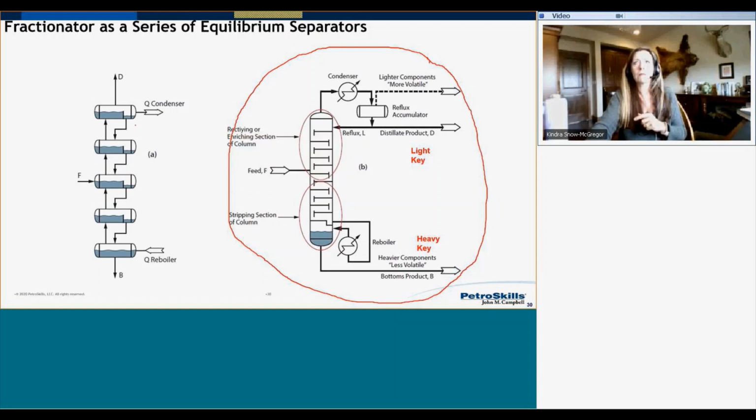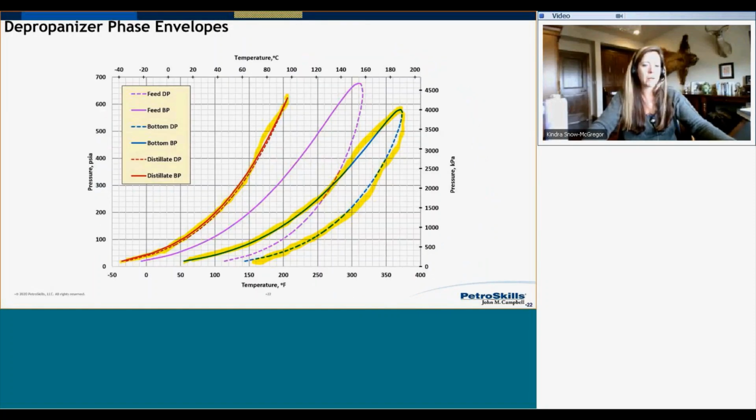Okay, so as far as my phase behavior and free water, I'm going to go to this diagram here. Here's the thing. I don't really have a lot of mutual solubility with water. Anytime I'm looking at my phase behavior for a hydrocarbon, I'm always looking at that on a dry basis.